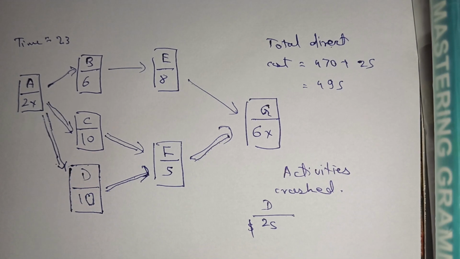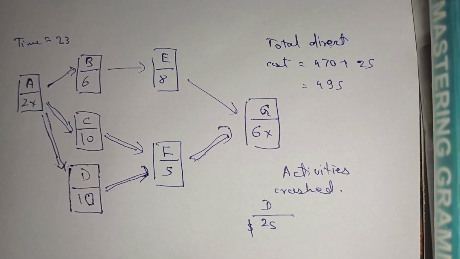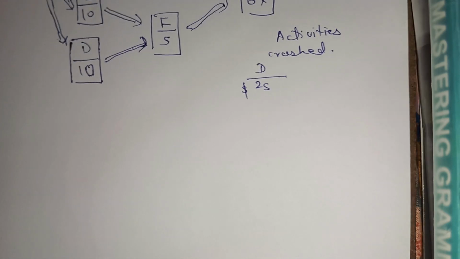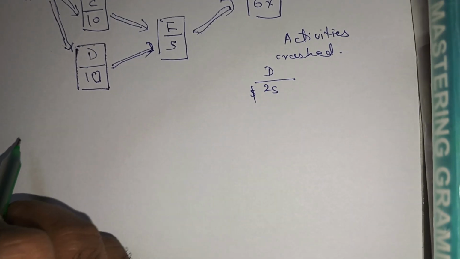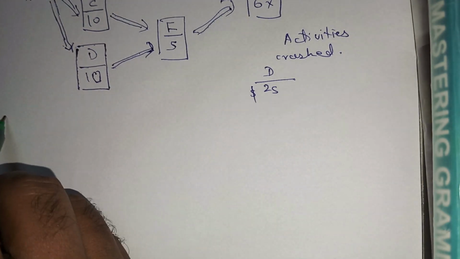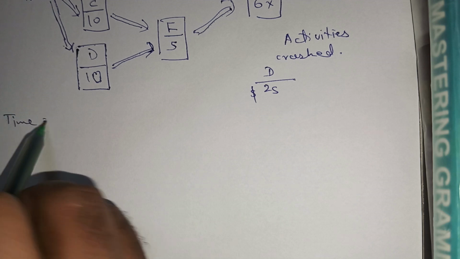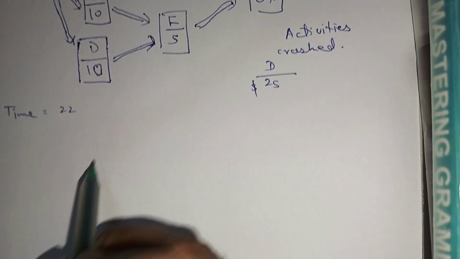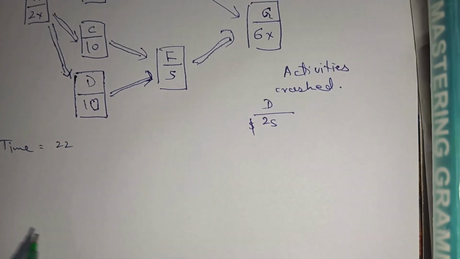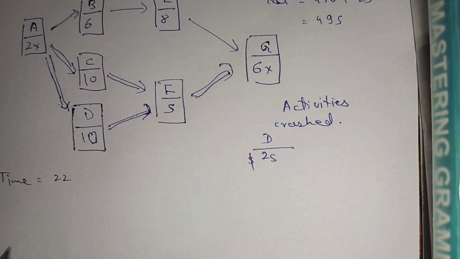Okay, so how do we go about choosing which activity to crash for the objective of reducing it to 22 days? So now our new objective is to reduce the time to 22 days. Okay, so same process, we will copy all these network diagram boxes as they are.